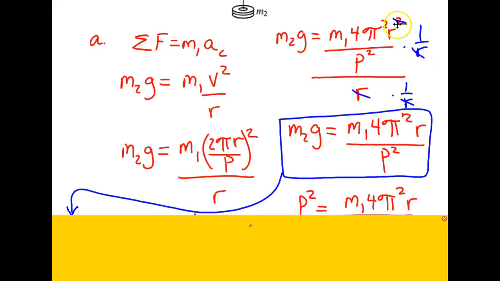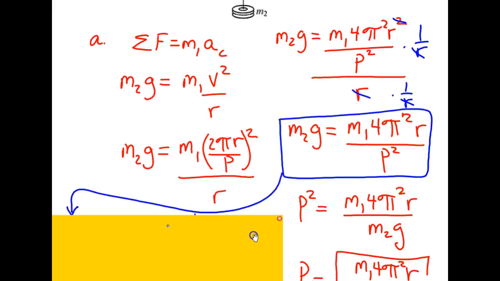This also eliminates the square in the numerator of our original fraction. So m2g equals m1 4 pi squared times r over P squared. Now, you can see that I've encased this in a blue rectangle. This equation right here is going to come into play in part B. So more later on that in a second.